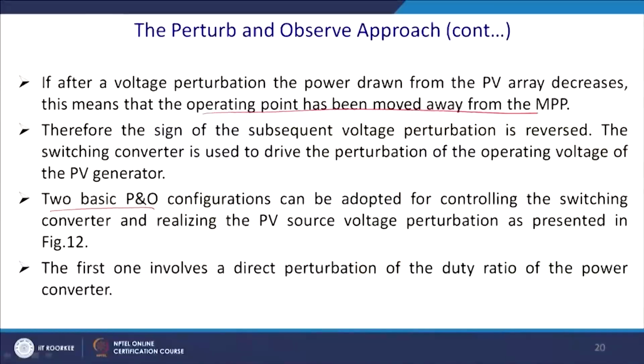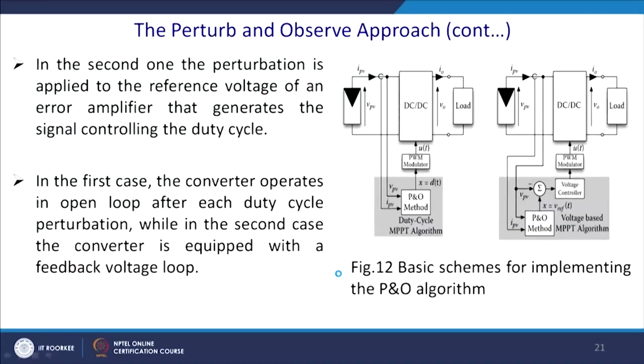Two basic PO configurations can be adopted for controlling the switching converter and realizing the PV source perturbation, presented in figure 12. The first one involves direct perturbation of the duty ratio of the power converter. This is the basic scheme: we sense the voltage and current, apply the perturb and observe method, and feed the PWM.